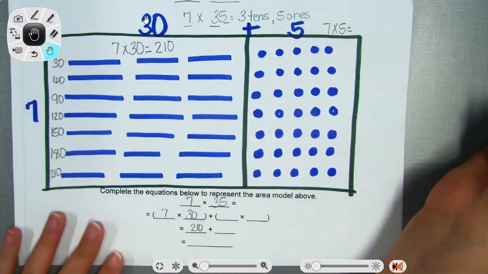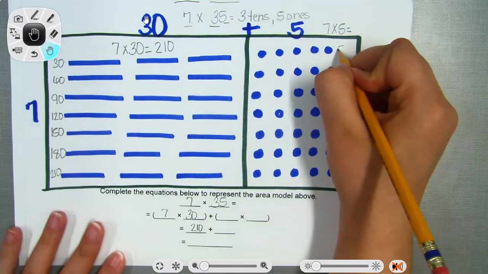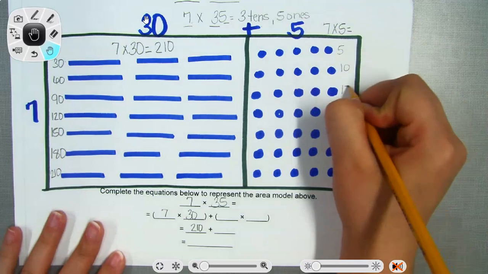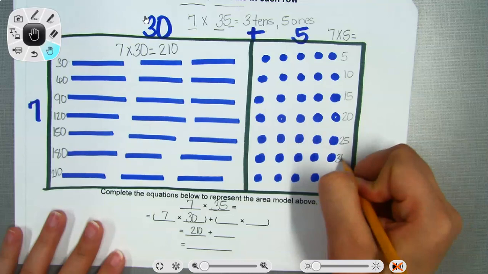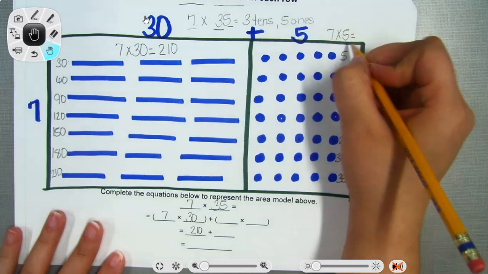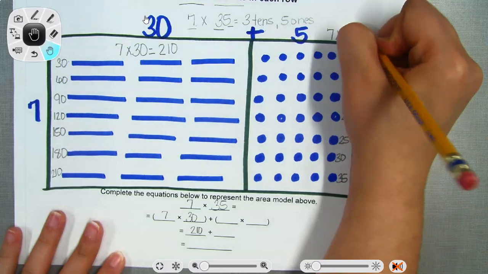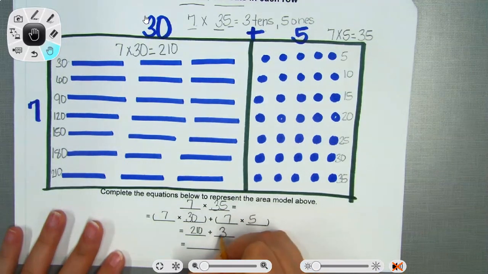So guys, this one should be easier because you're going to count each row by 5. So 5, 10, 15, 20, 25, 30, 35. So 7 times 5 is 35. Okay, so that was multiplying my ones.